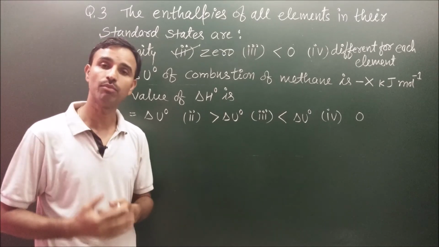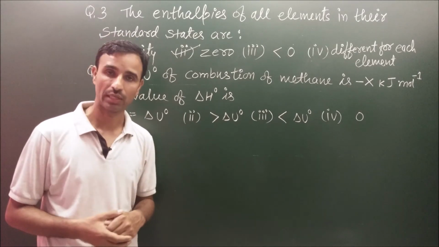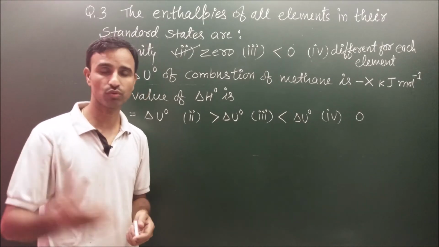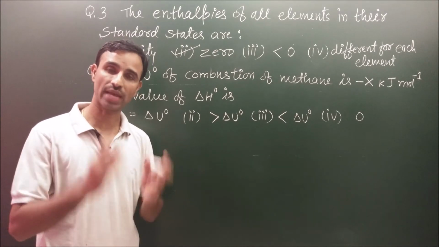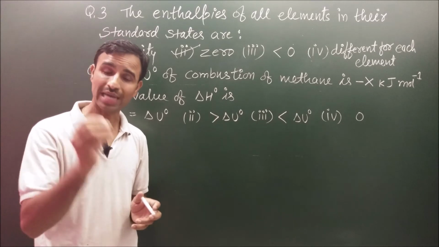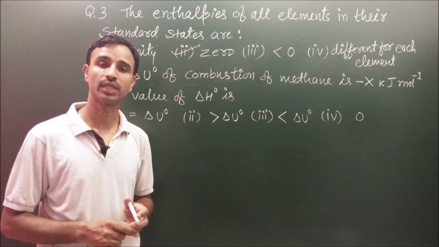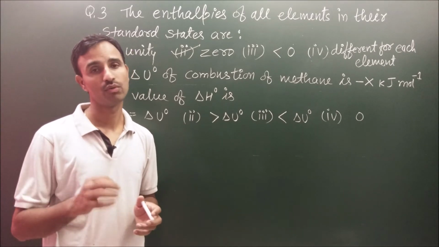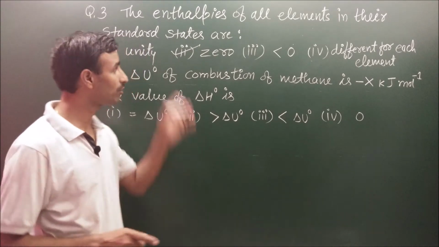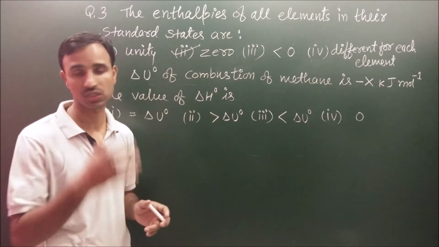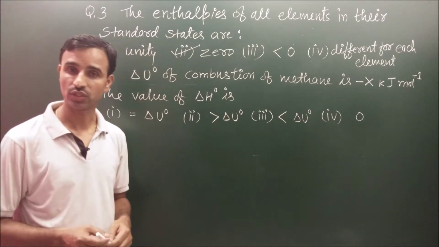Though thermodynamically most stable allotrope of phosphorus is black phosphorus, but white phosphorus, it is also known as yellow phosphorus, is taken as its standard state, though it is highly unstable, but because of its abundance, it is taken as the standard state of phosphorus. So enthalpies of all these elements in their standard state is taken as 0. So keep in mind this thing.